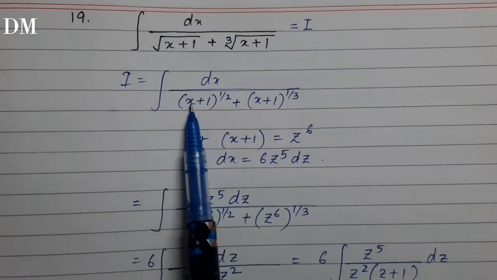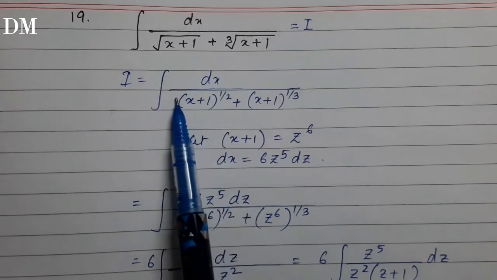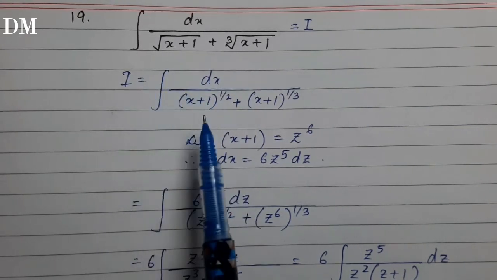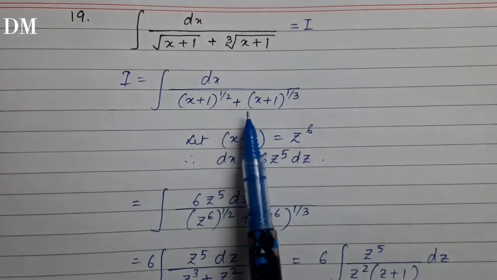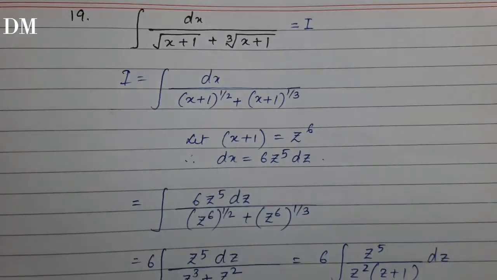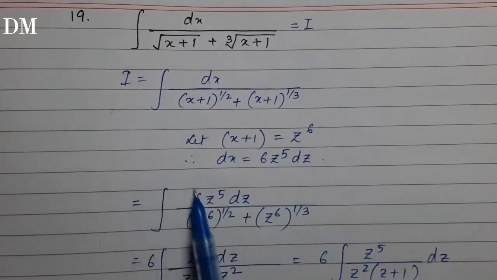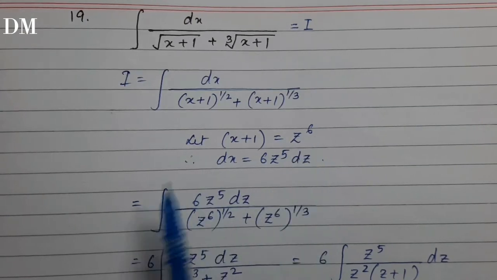Now here it is given, so we can write root of x plus 1 as (x plus 1) to the power 1/2, and cube root of x plus 1 as (x plus 1) to the power 1/3. Now let us consider x plus 1 as z to the power 6.